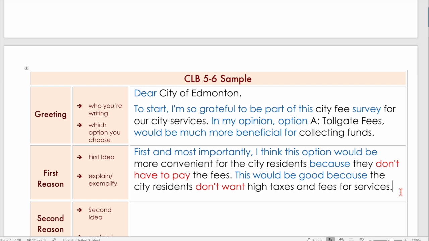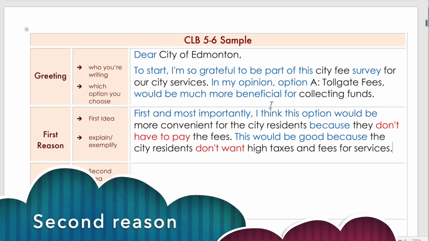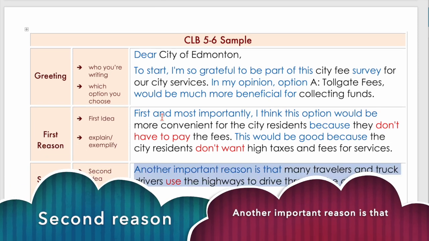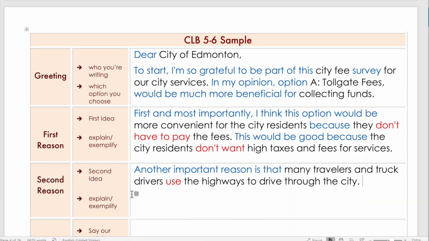Now let's get to another reason. What could be another reason? Let's see. Another important reason is that many travelers and truck drivers use the highways to drive through the city. Mhm. Many travelers and truck drivers, they use the highways.